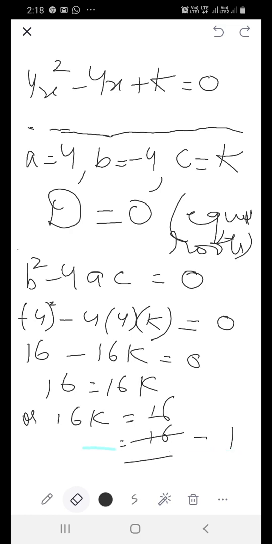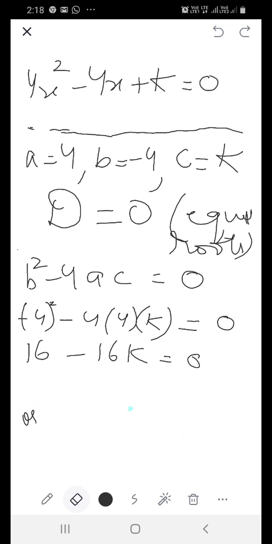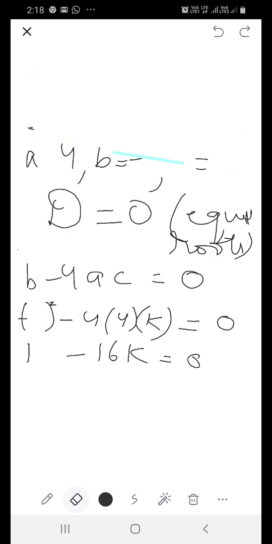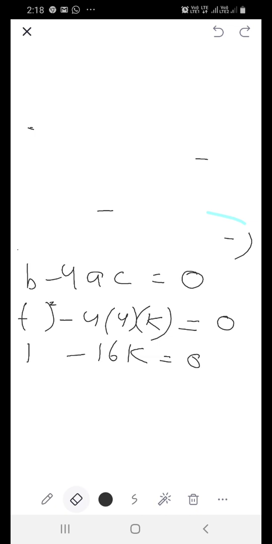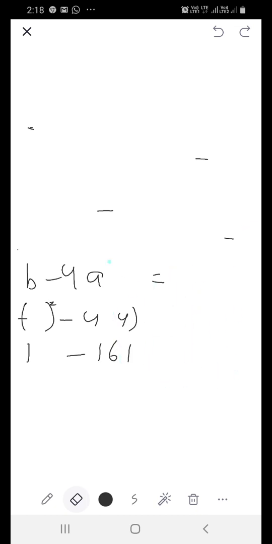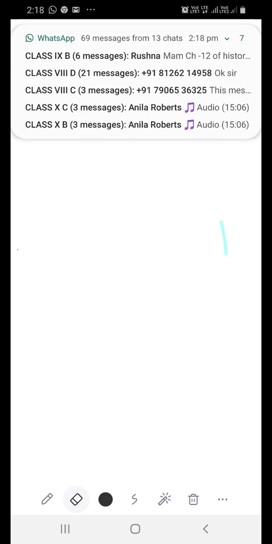Now in your exercise 5.4, till the 8th question you are given the nature of the root as equal. But in the 9th, 10th and 11th question, the nature of the root is given as real roots.